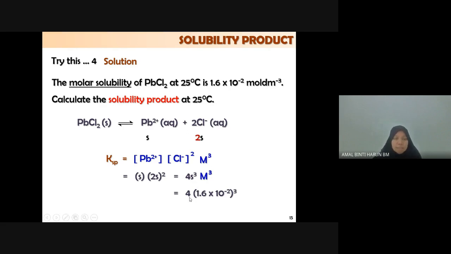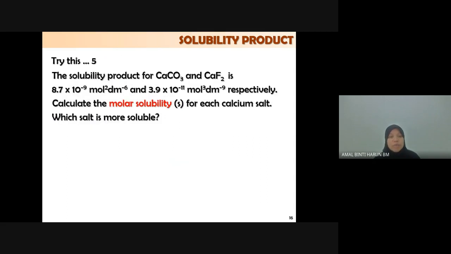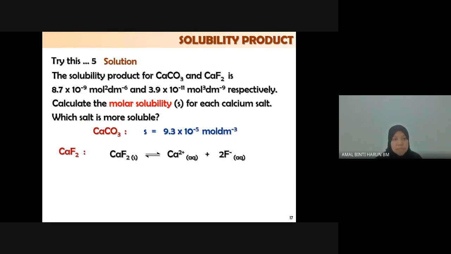And then S ni kita anggap dekat awal-awal ni solubility dia adalah 1.6 exponent negative 2. So value S substitute into 4S cube. So you dapat the KSP is 1.6 exponent negative 5. Okay, please ignore the unit. Okay, ni contoh dah banyak contoh saya dah bagi dah.